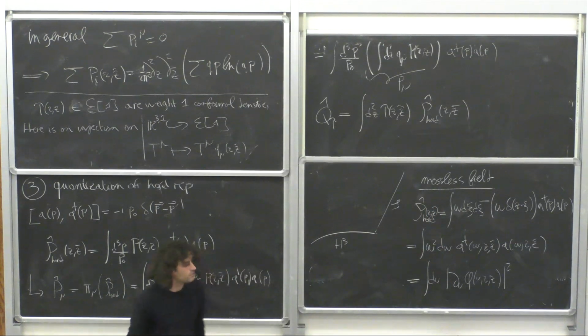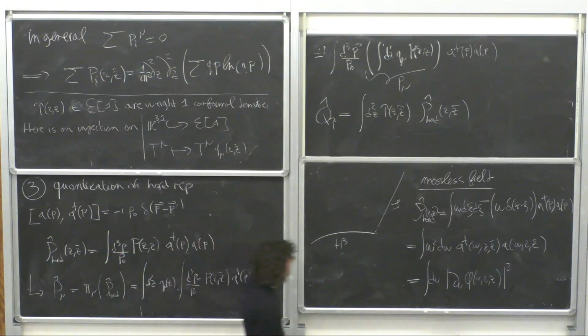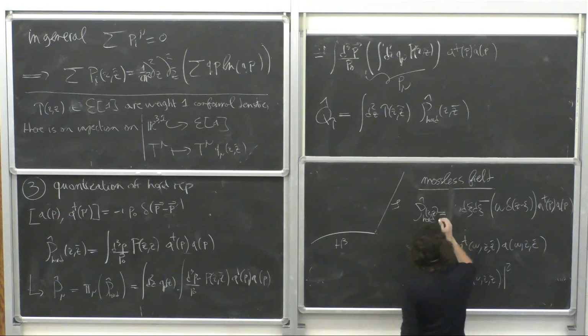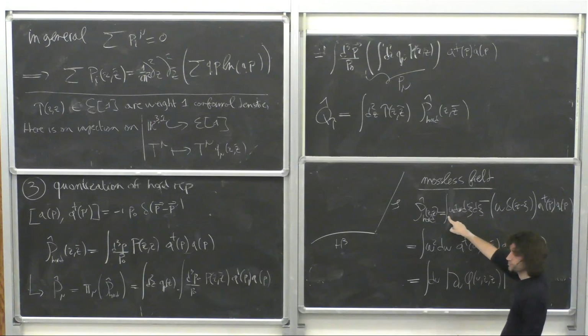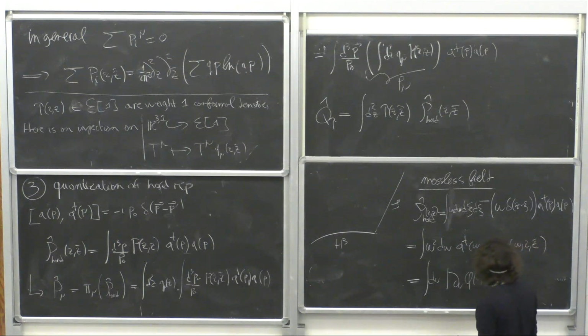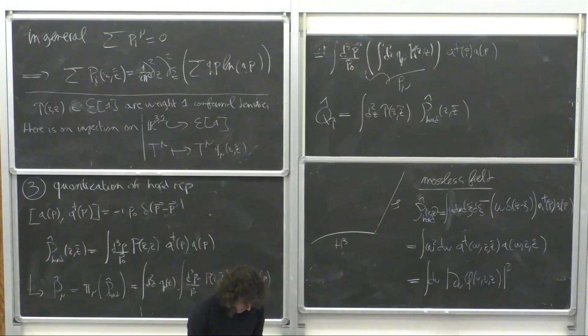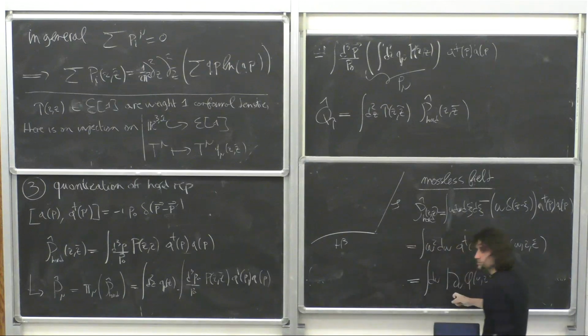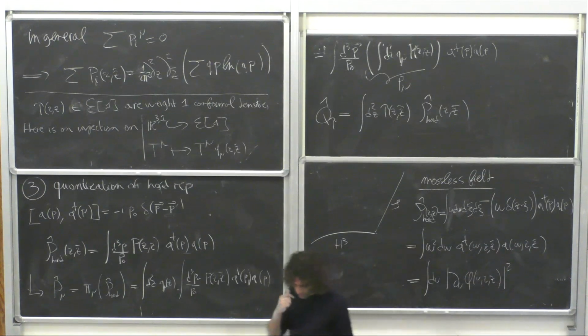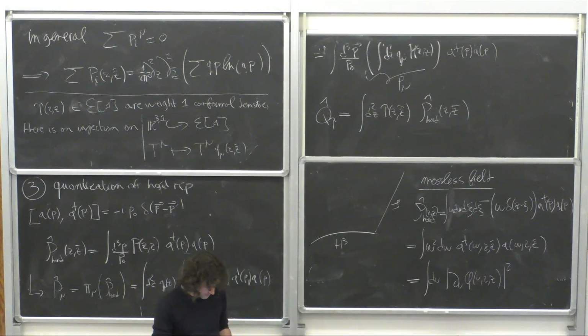Yes, there are two of them. One omega is coming from here, one from here. You can also see it from here. You have two derivatives, so one omega coming from each of the derivatives.